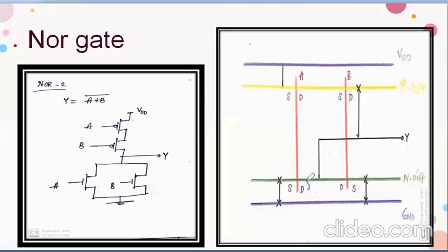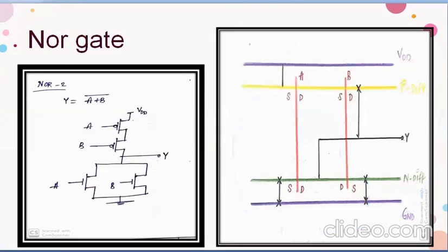So the drains of the two NMOS transistors are interconnected, and the source of A and the source of B are grounded. So we connected the source of A and source of B to ground. In this way, we got the stick diagram for a NOR gate.